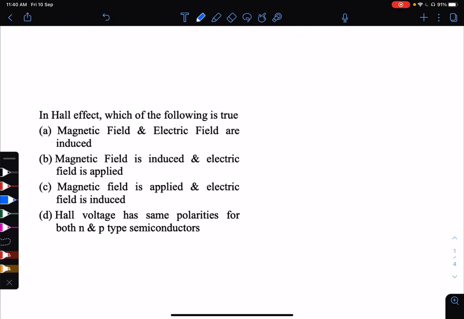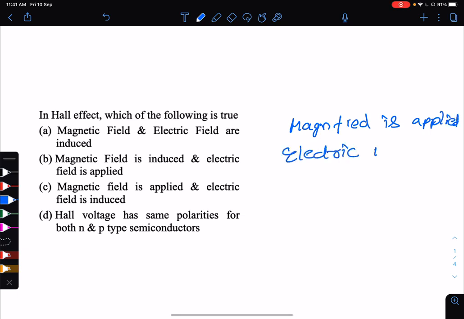We can say that the magnetic field is applied. I already told that current and magnetic field we are supplying. As a result, an induced electric field is obtained. Okay, the magnetic field is applied. What about the electric field? That is induced.